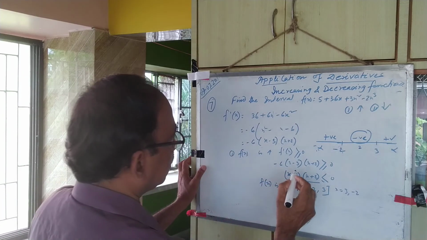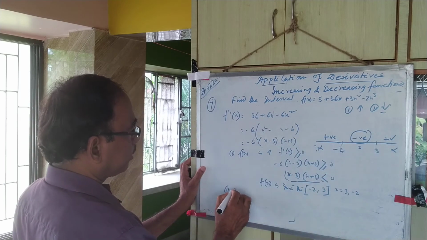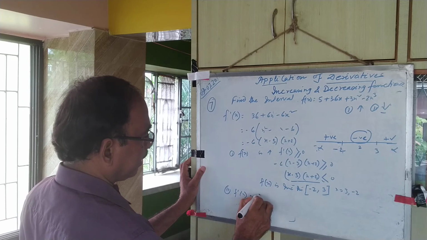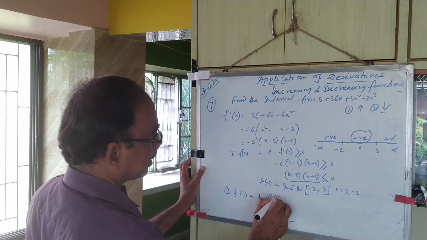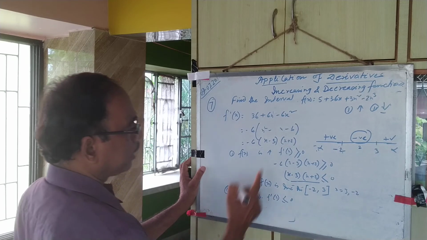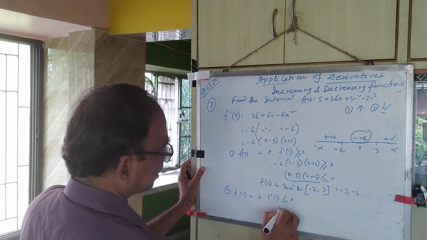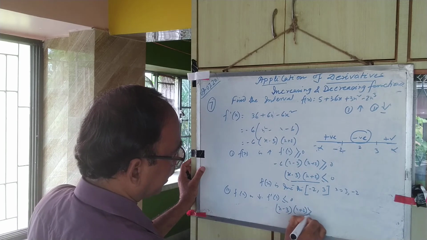Now next, number 2, it is decreasing. Here f dash x is less than or equal to 0 for f(x) decreasing, that is, (x minus 3)(x plus 2) should be greater than or equal to 0.